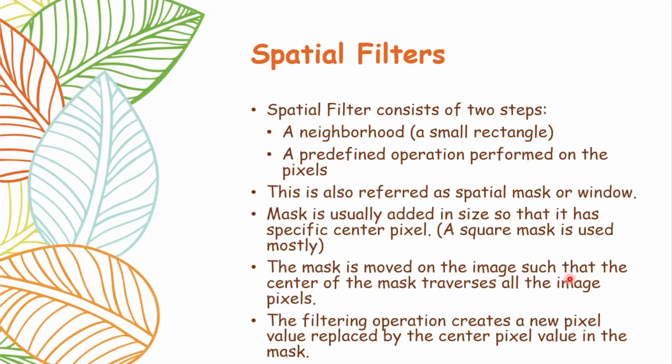The mask is moved on the image such that the center of the mask traverses all the image pixels. The filtering operation creates a new pixel value that replaces the center pixel value in the mask. Later in this video, I'll explain how we perform operations inside this neighborhood and how we replace this.